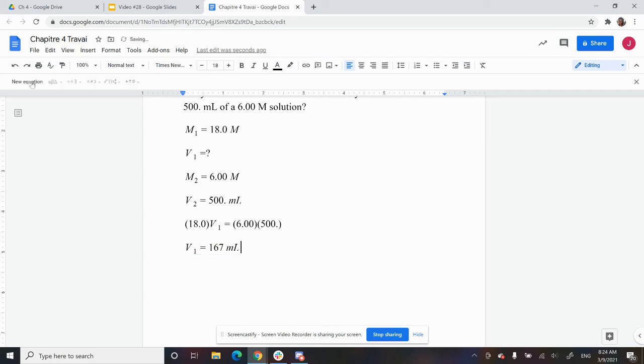Since I left the 500 as milliliters, my final answer is in milliliters. Had I converted it to liters and done 0.5, I would have gotten 0.167 liters, which is equally correct.